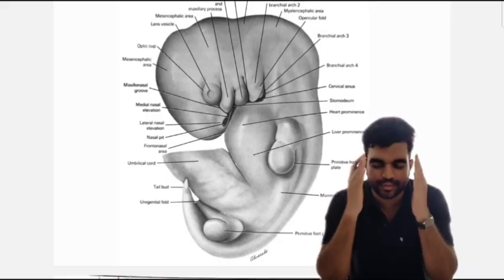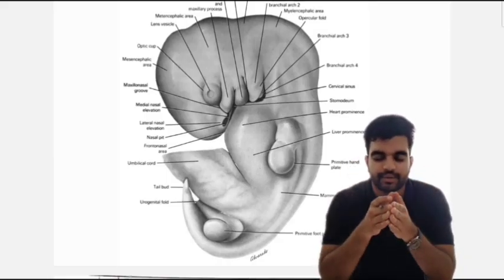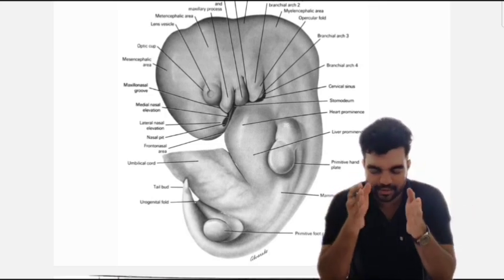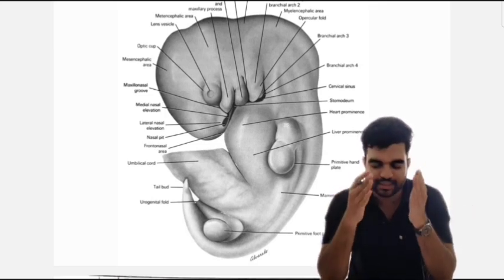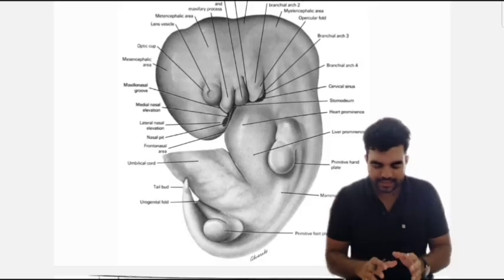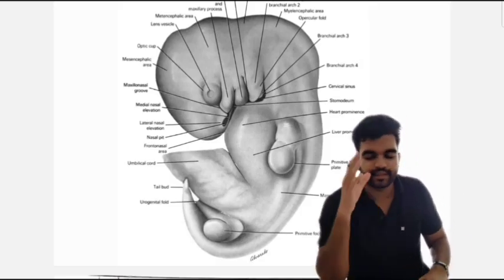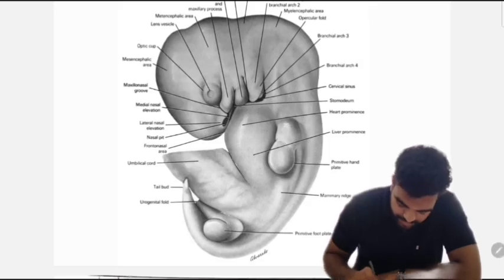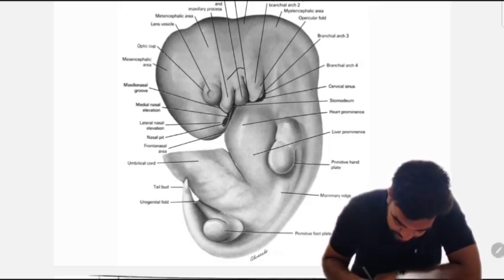Think of yourself, you are Sean Murphy, and you are visualizing into the embryo. So this is the picture that has to come to your mind when you are thinking of an embryo. The 3rd week has occurred, and now this is the fate of the embryo. Now we are going to discuss pharyngeal arches.